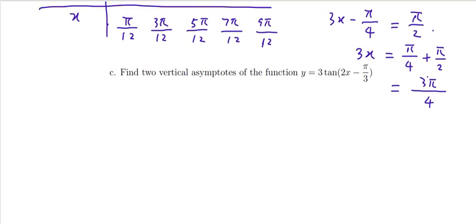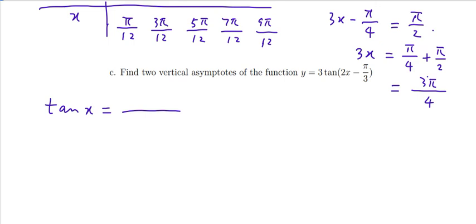Okay, so for tangent, we cannot use this 5 points method, because for tangent we have vertical asymptotes. Tangent equals sine over cosine.